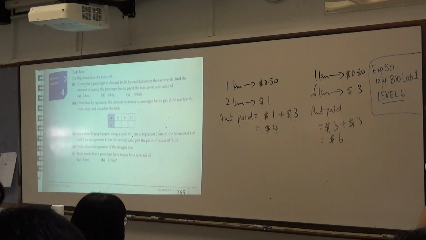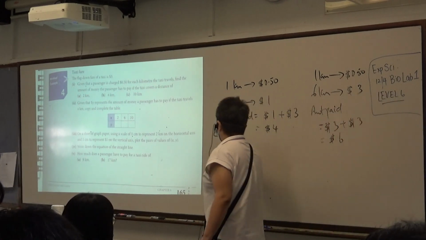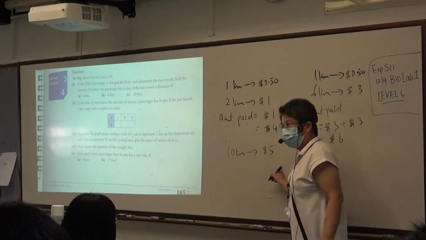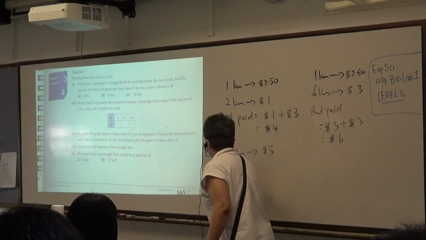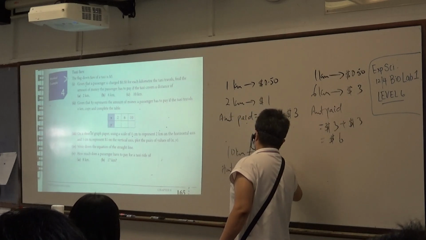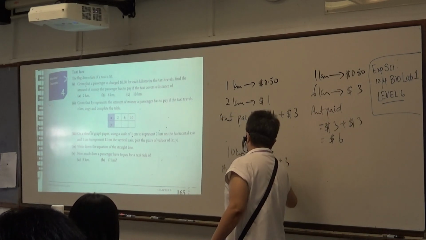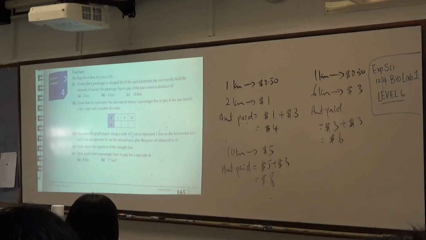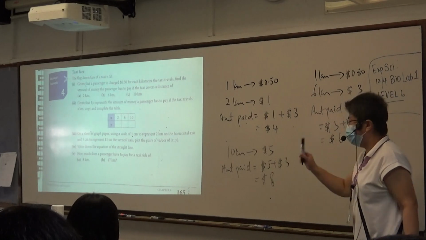Is that correct? Now, what about 10 kilometers? This will be $5, right? So the amount paid will be 5 plus 3, which will be $8. Is that correct? So $4, $6, and $8.